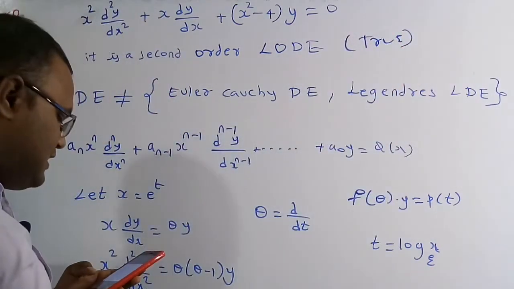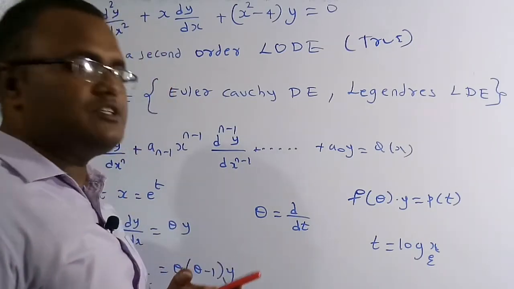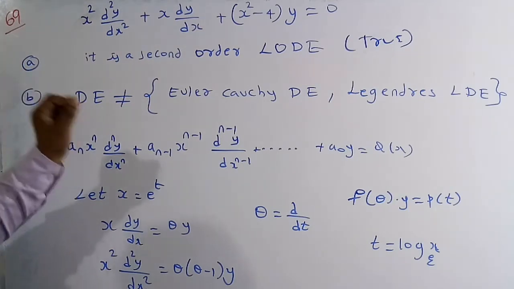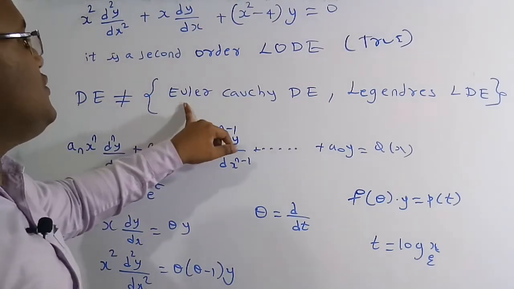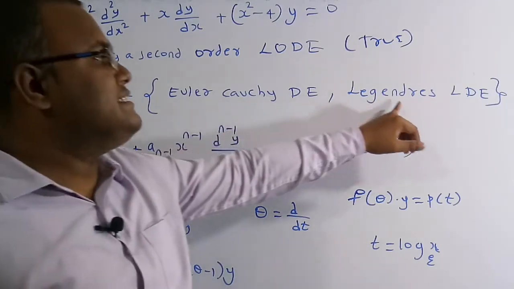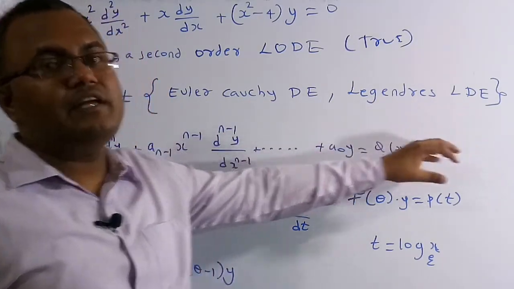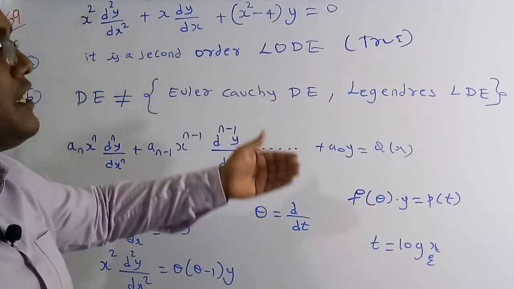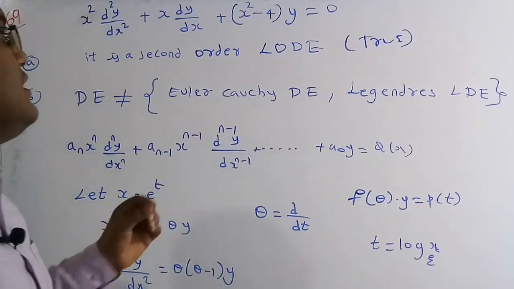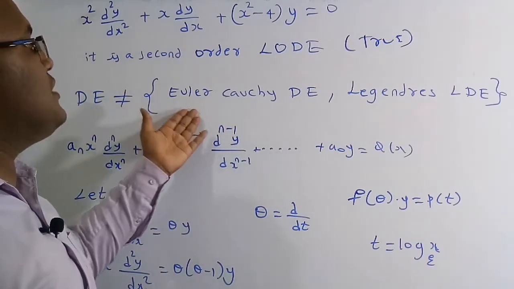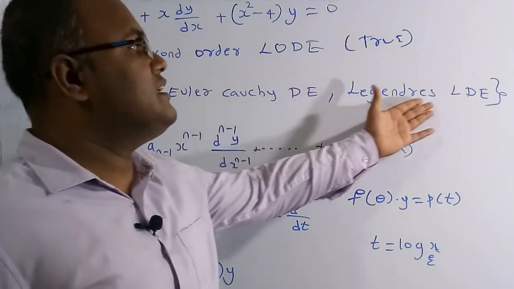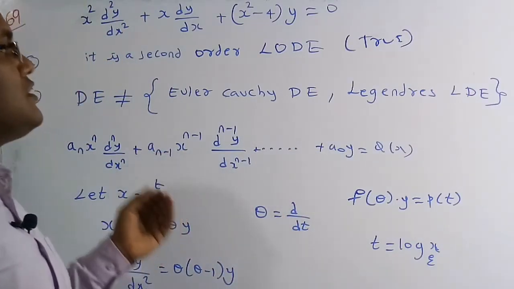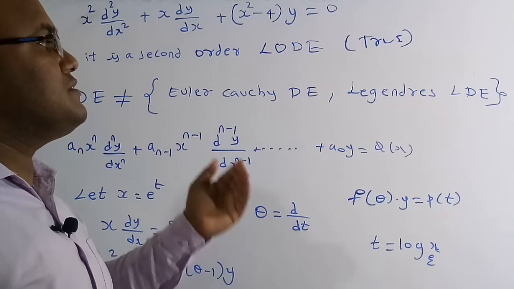And in option B, they say it cannot be reduced to a differential equation with constant coefficients. So we will see why. Listen carefully. Only when the differential equation is in the format of the Euler-Cauchy differential equation or Legendre's linear differential equation can we convert a non-constant coefficient differential equation into a constant coefficient differential equation.